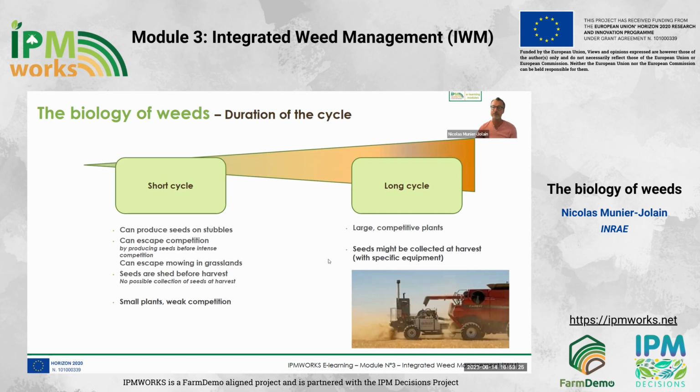So there is proper equipment either to export seeds outside the field or to destroy and kill the seeds before putting them back to the soil. If they are dead, there is no risk, no potential for germination and emergence in the next crop.